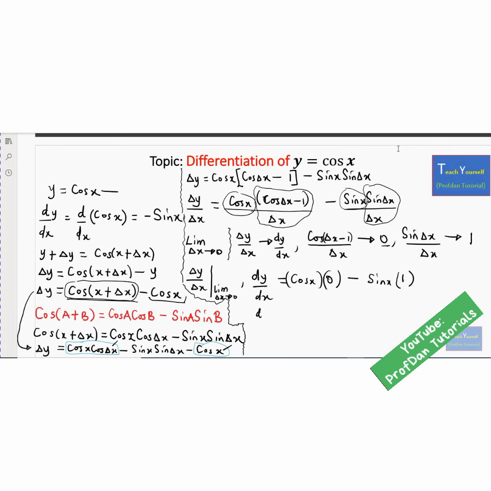And finally, dy dx gives you cos x times 0, which is 0, minus sine of x, which finally gives minus sine x. Take note of this. This is one of the standards. When you differentiate a cos function, it gives you a negative sine function.